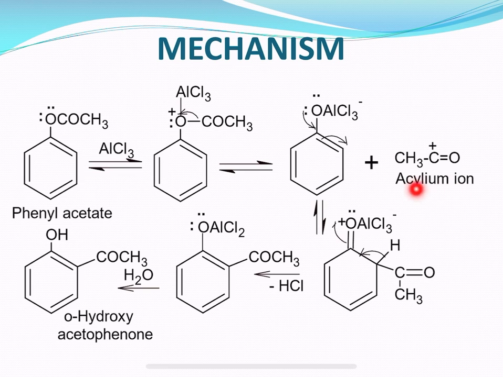Next, once the acylium ion has been separated, the double bond present in this phenyl ring will break up, and thereby the acylium ion can easily attach to this position of the benzene ring or phenolic ring.